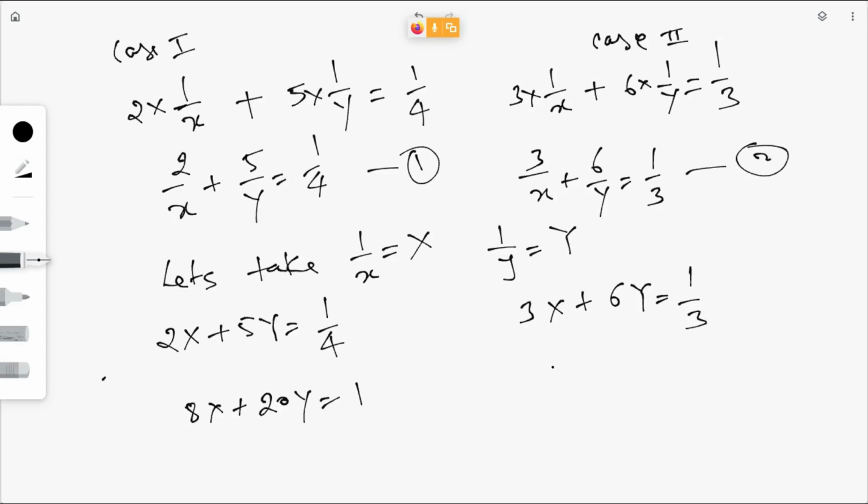And then here 9X plus 18Y is equal to 1. Okay, so these are the two new equations. Now solve these two equations and find the values of capital X and capital Y. You know how to solve these two equations, right? Simple.